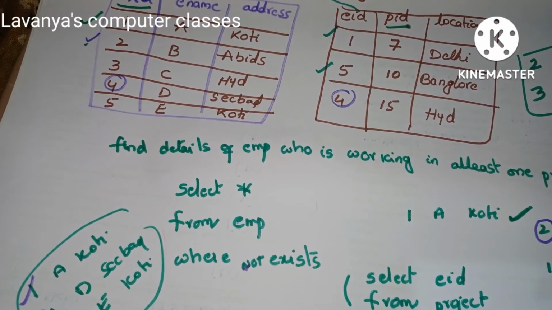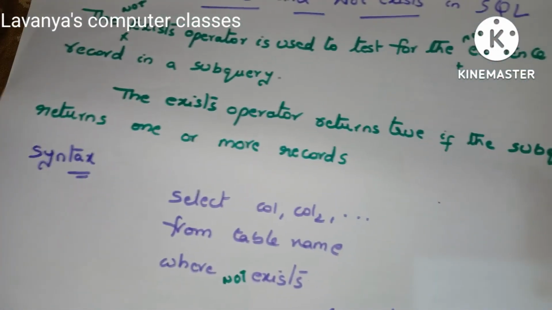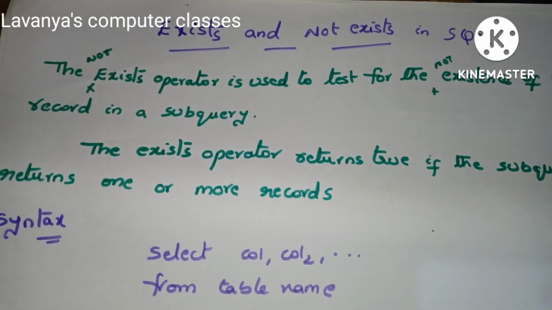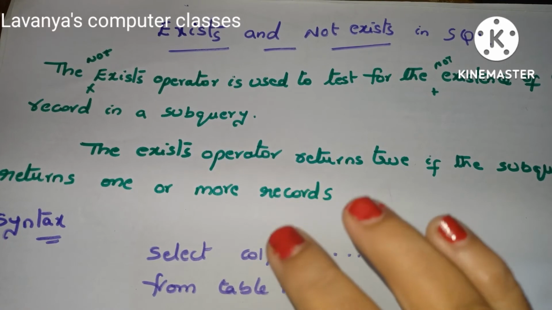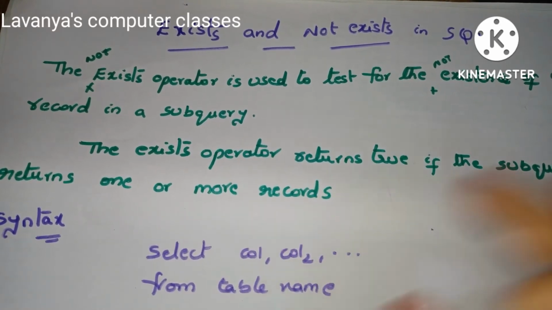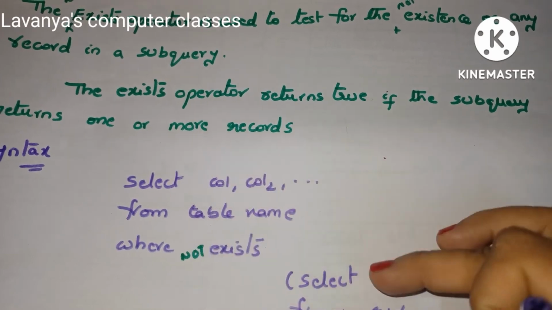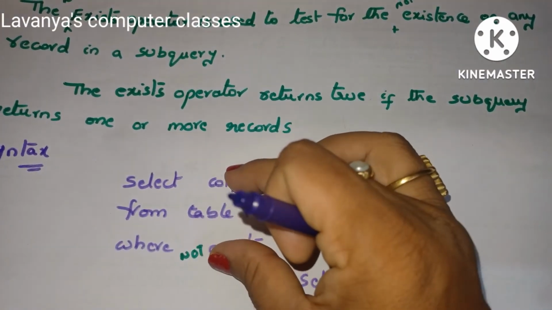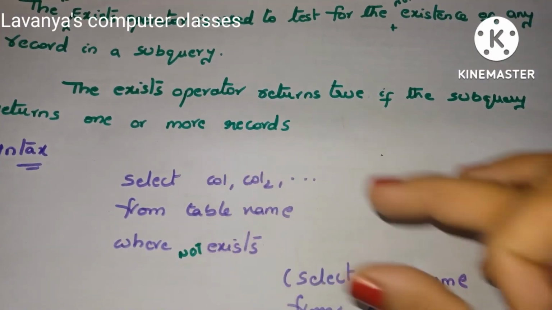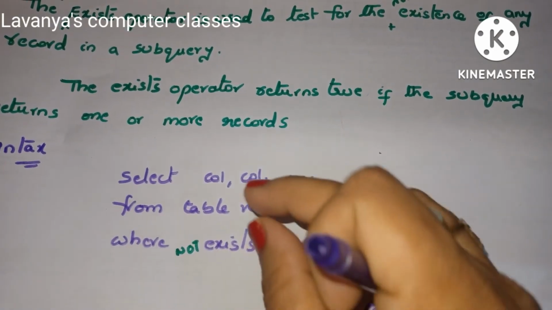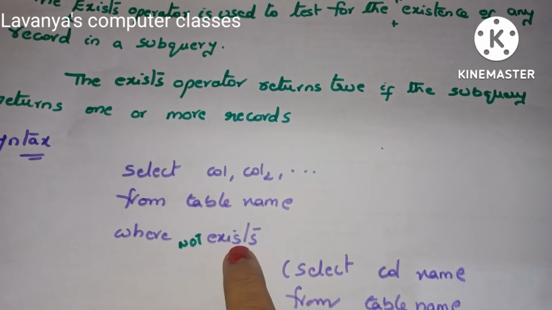Similarly, the not exists operator. What is it? It is similar to exists, but exists is used to check whether a record exists or not, by checking the outer query against the inner query. First execute the outer query; if the outer query value exists in the inner query, then only it returns true. Not exists works the same, just keep not before exists.